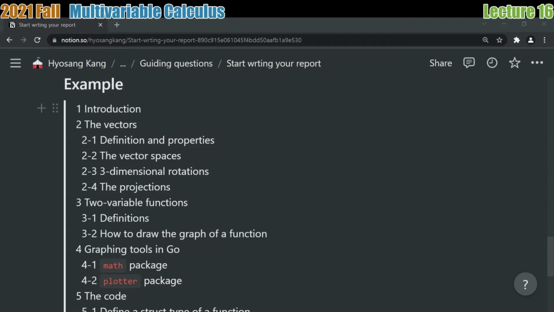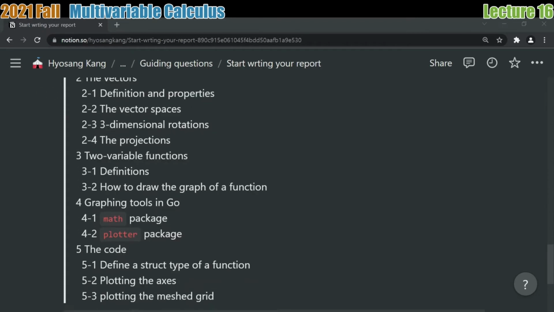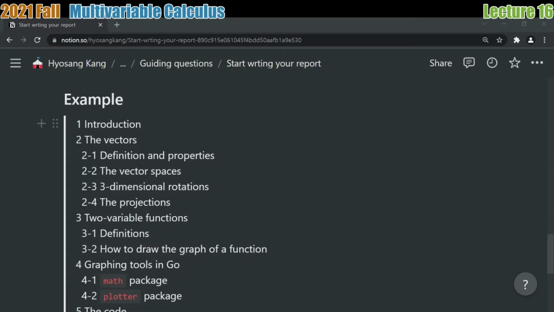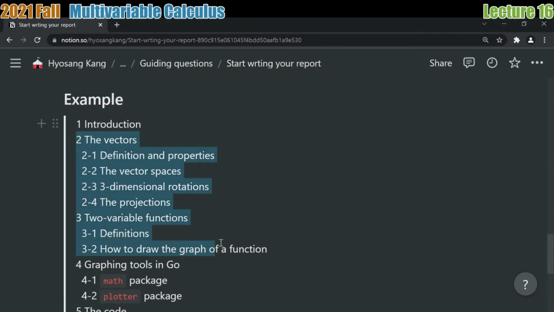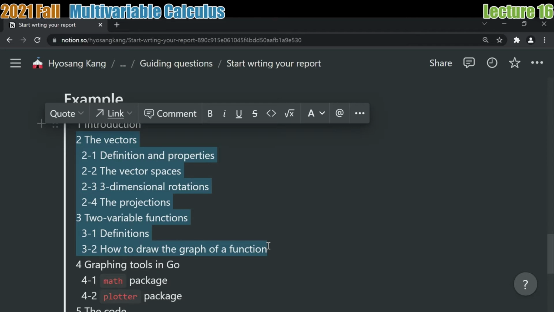So first of all, if you're looking at sections 2 to 5, sections 2 to 3 are somehow the background, the mathematical backgrounds that are required in graphing the two variable functions.